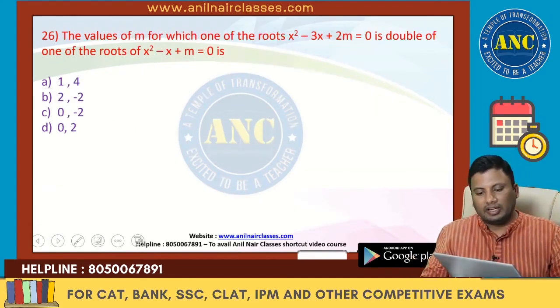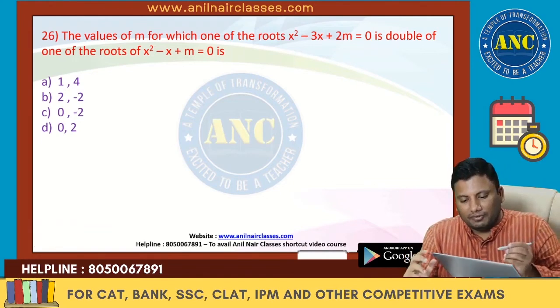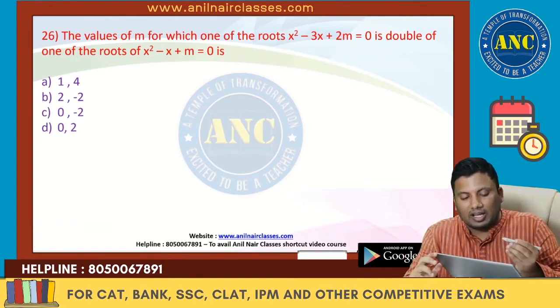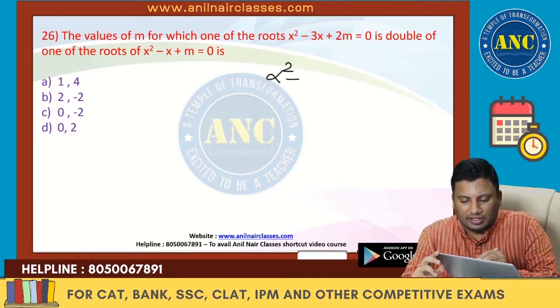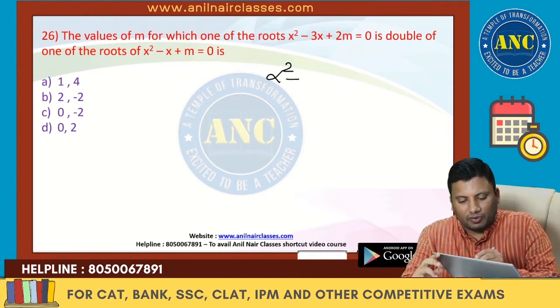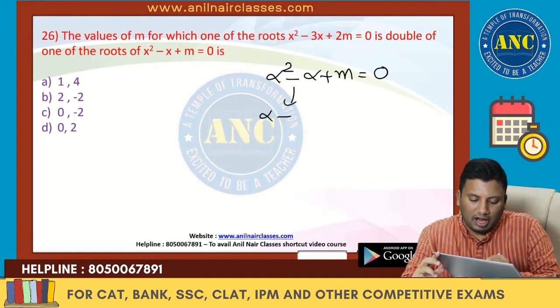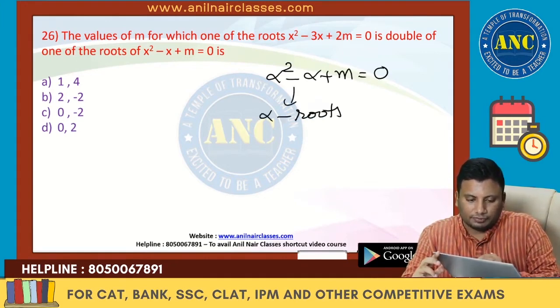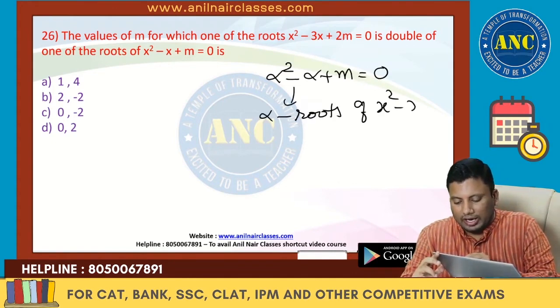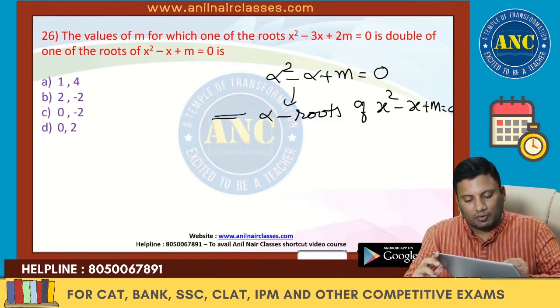Next one, 26th. Find the value of m such that one root is double the other root of the equation x square minus x plus m equivalent to 0. Suppose alpha is one root. Here what is happening?